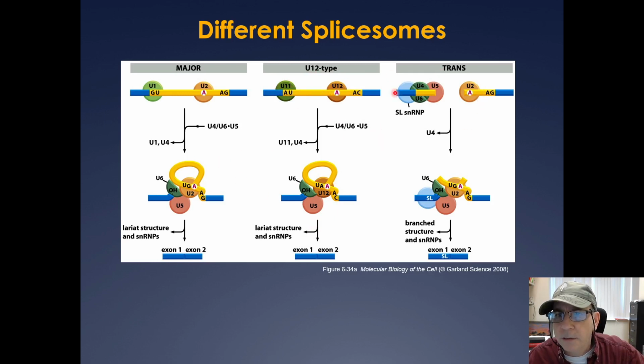And then you can also have trans-splicing, where two separate RNA transcripts are joined together in somewhat of an analogous fashion. This won't form a lariat structure because these two aren't joined, but they'll come together and form this sort of pseudo structure here.